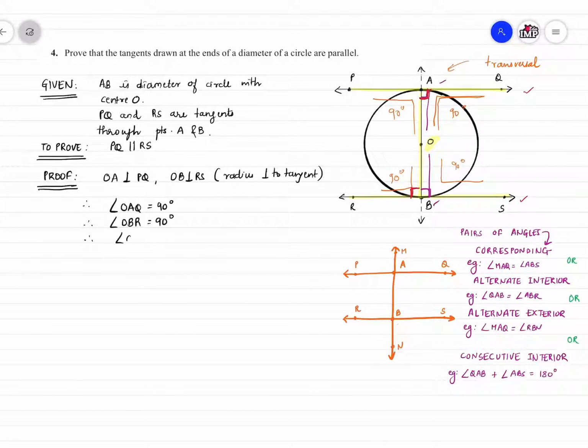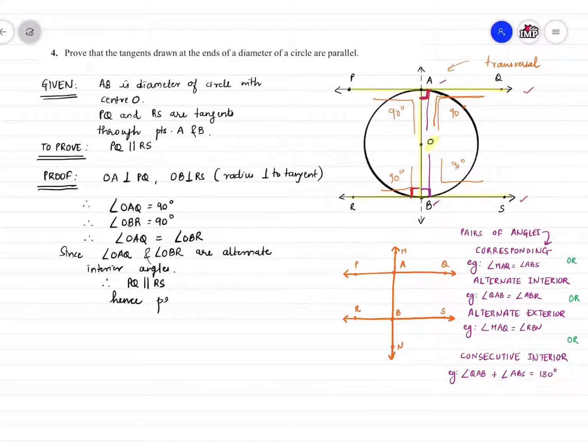Therefore, OAQ is equal to OBR. Since angle OAQ and angle OBR are alternate interior angles, therefore PQ is parallel to RS. Hence, proved.